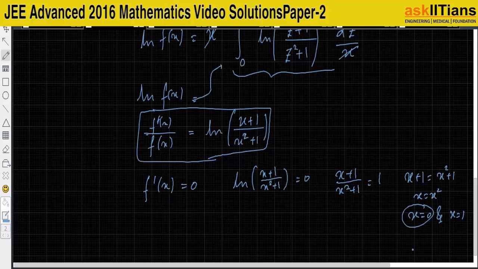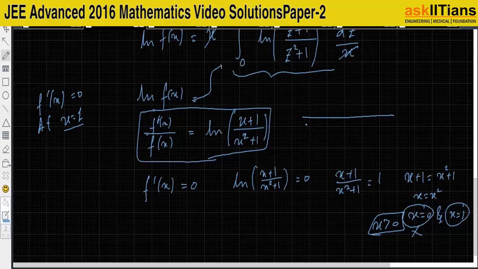But I can't take x equal to 0 because it's given in the question that x is greater than 0. So there will be only one critical point, that's x equal to 1. So f'(x) will be equal to 0 at x equal to 1, right? So this is 0, this is 1 and this is infinity, if this is the number line.